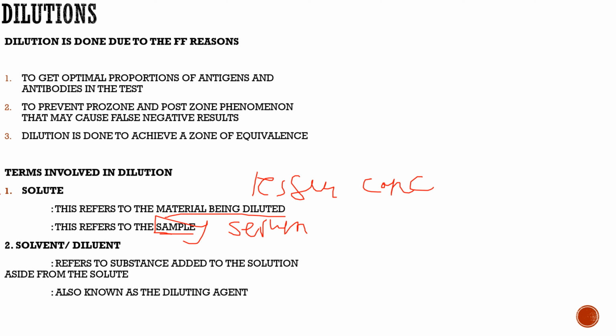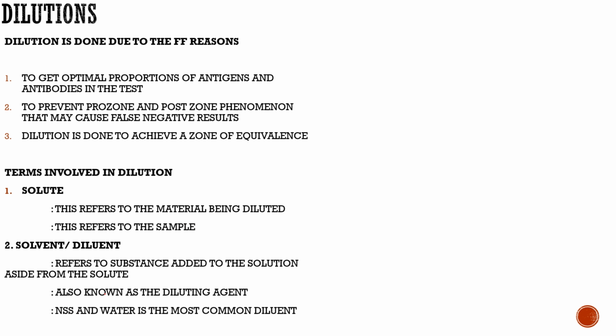It is also known as the diluting agent. NSS and water is the most common diluent. Lalo na sa immunohematology nyo, class. NSS is the one commonly used, which you will learn in your immunohema lab.